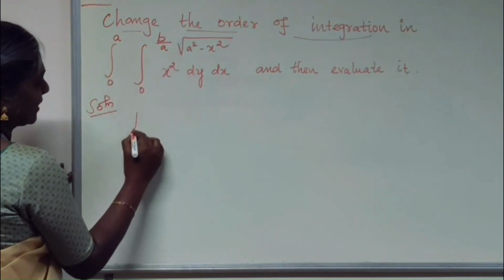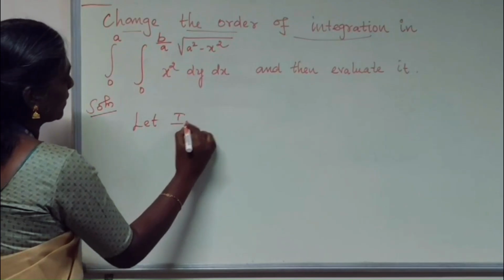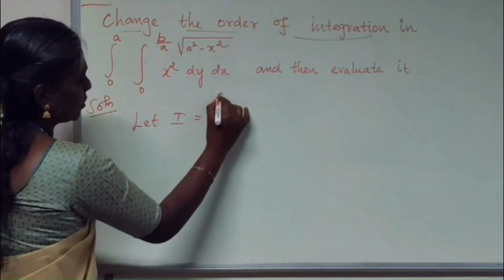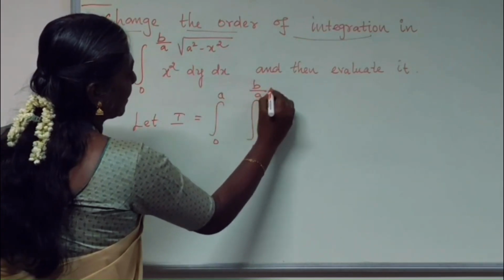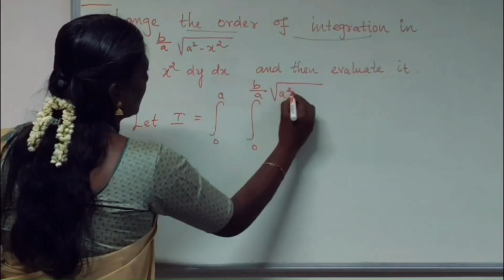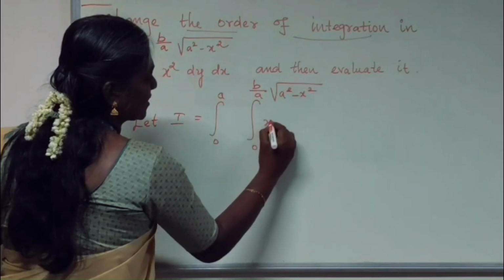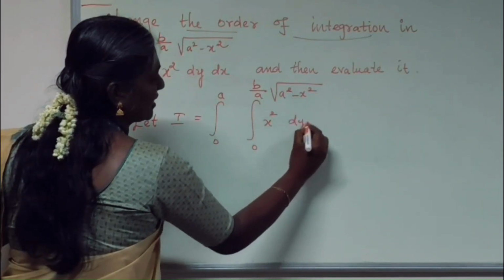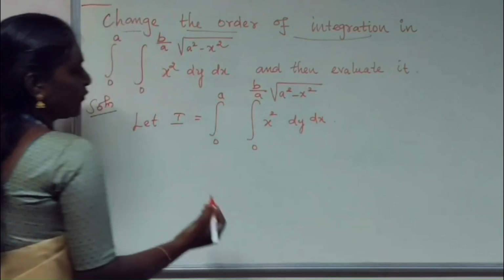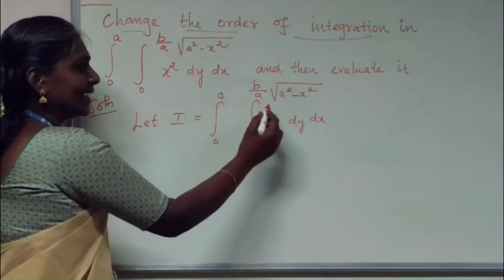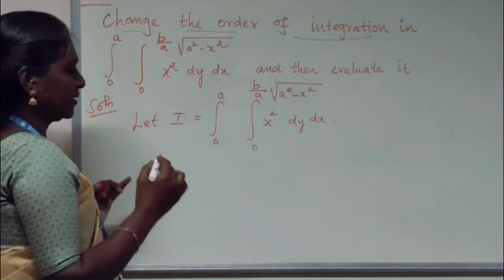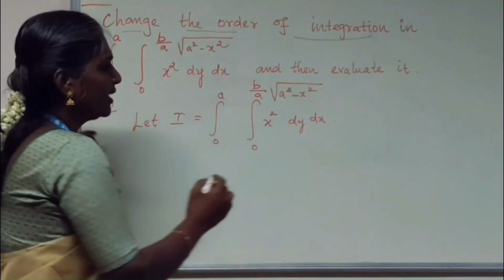Consider the entire integral, let I be equal to the integral over 0 to a, integral over 0 to b by a root of a squared minus x squared dy dx. First of all, we have to check whether the written integral is in the correct form or not. What is meant by the correct form?